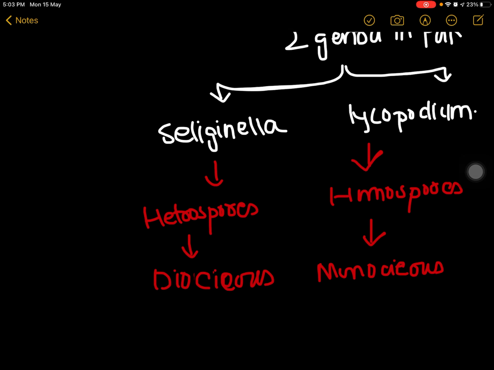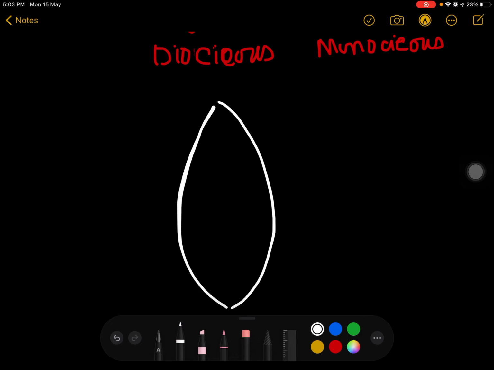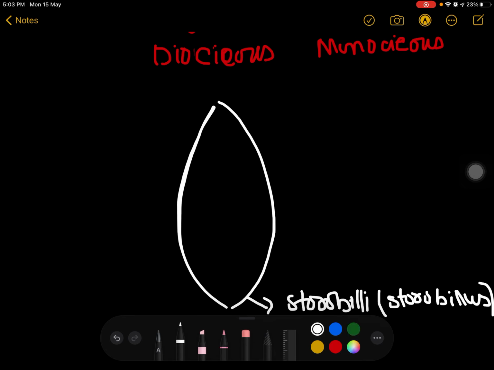Right. Basically, in the plant there is a strobilus, the cone-like structure. This is known as strobili or strobilus, right? Basically, they have leaves.